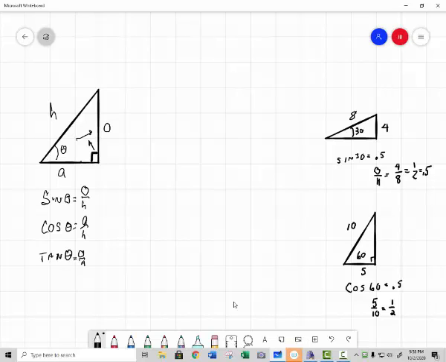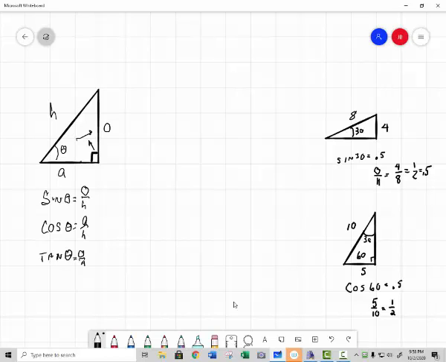Now, in the example that I used here, you have to remember that this angle is 30 degrees up here. This angle is twice that size. That's 60. It's not the same triangle. Well, it is, because that's 30.